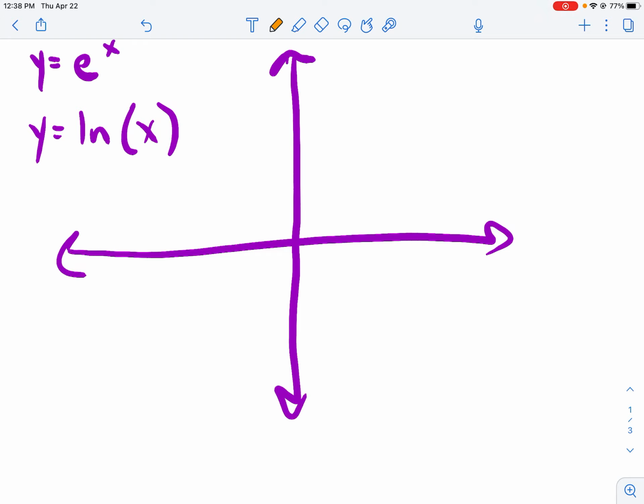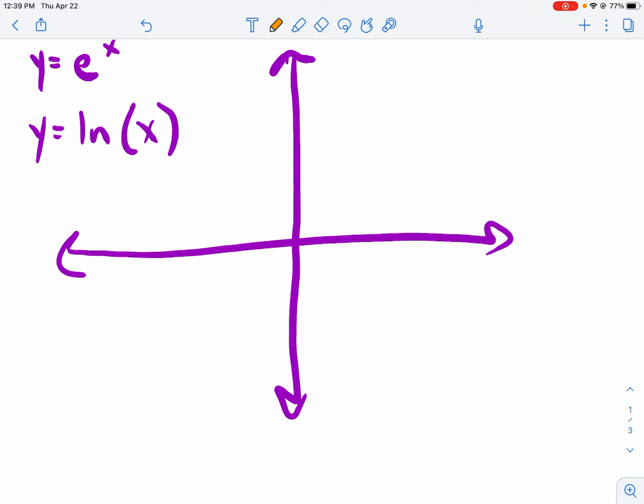Your e is located right above the ln in your bottom left-hand corner. You're going to have to hit second and then e, and you should get e with a caret symbol, and you just put that x inside the parentheses.